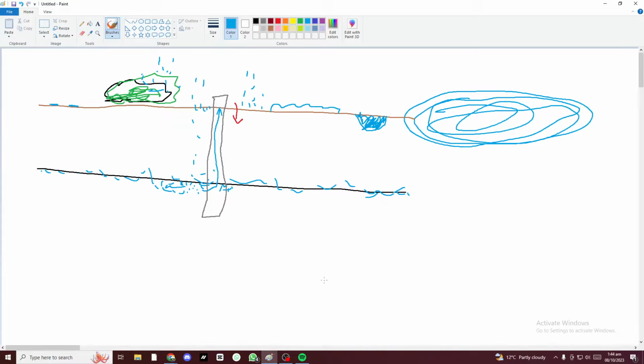And then the final store that we need to know is soil moisture. There's not any empty space between the surface soil and bedrock. This is all filled up with other pieces of soil and rocks and whatever.